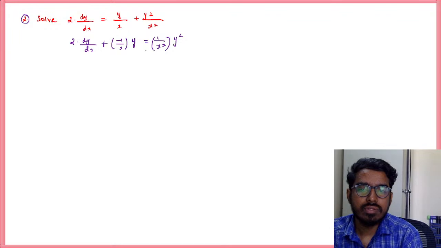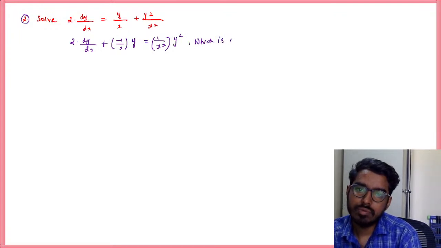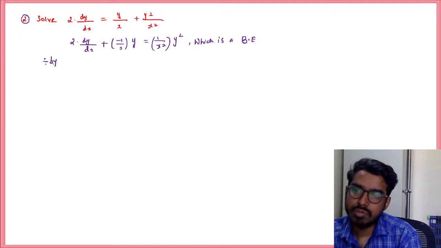So you can also divide throughout by 2. That means you will have dy by dx plus minus 1 by 2x into y is equal to 1 by 2x square into y square, which is a Bernoulli's equation. So what you have to do? First you have to divide by y square.